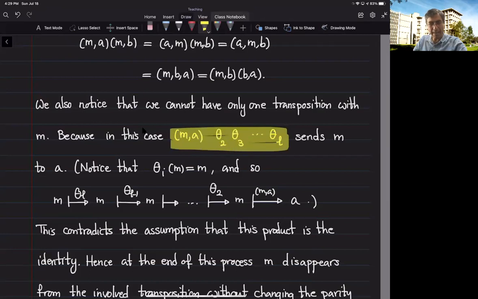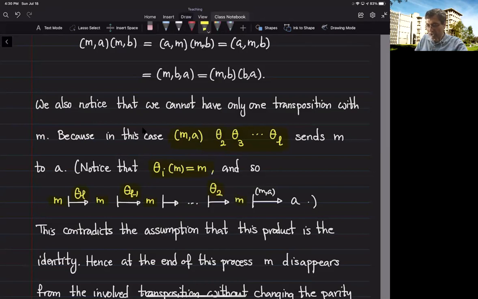Now let's see what the whole composite does to M. When I feed M to this composite, all of these theta i's fix M, because M does not appear in their support. Theta of M is M for every index i. So when I feed M to the composite, first theta sub L is applied to M, and I end up getting M back. Then the next one is applied to M, I get back M, and I continue like that till we reach theta sub 2.